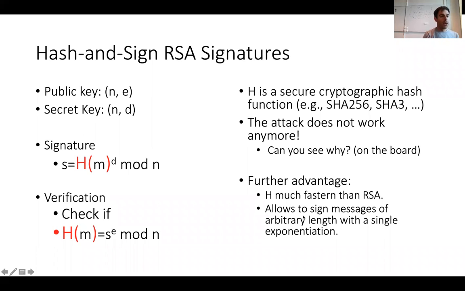Right. So there are further advantages to the hash and sign paradigm. Two of them are for efficiency reasons. Similar to what we discussed in the context of public key encryption, we know that symmetric key operations like hash functions are much, much, much faster than RSA.